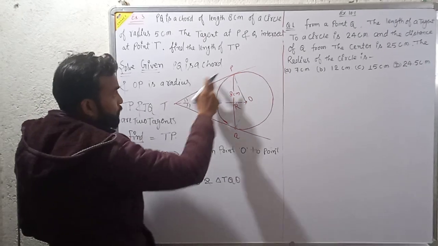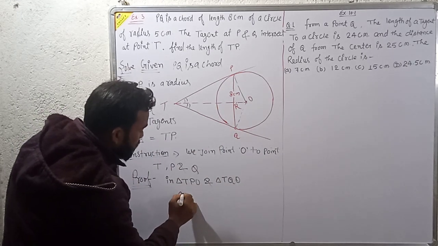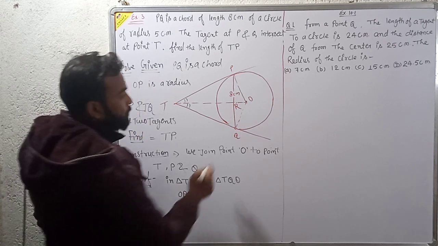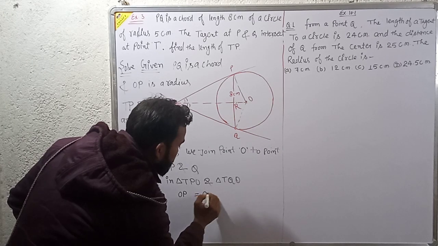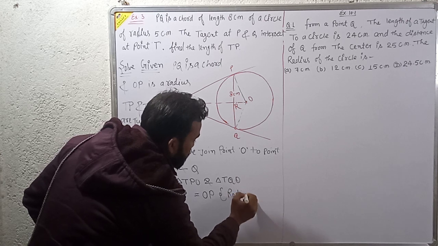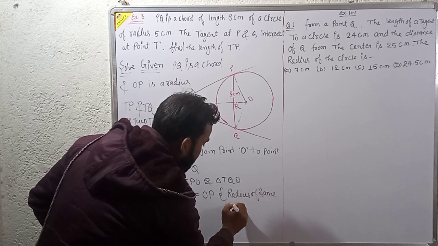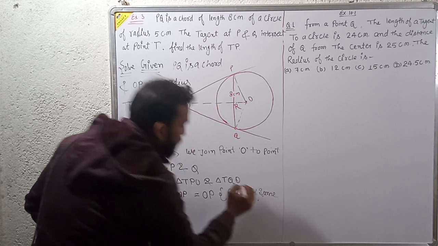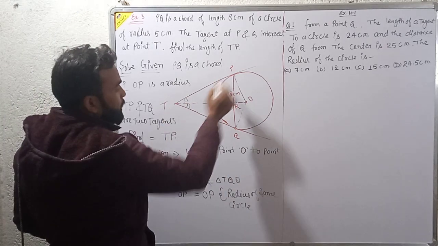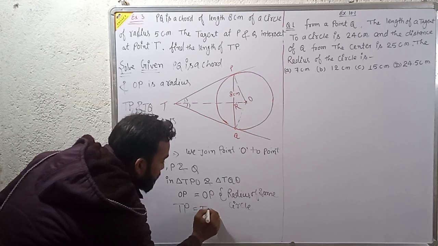In triangle TPO, OP is equal to OQ, since radius of same circle. Again, TP is equal to TQ.